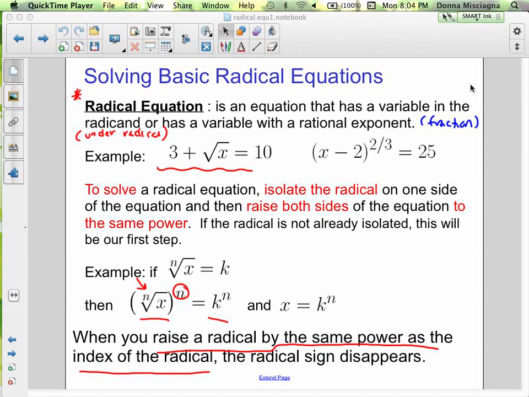Then we'll have x isolated, and x will equal whatever k raised to the nth power is. So when you raise a radical by the same power as the index of the radical, it disappears. They cancel each other out. So these really aren't too difficult to solve.